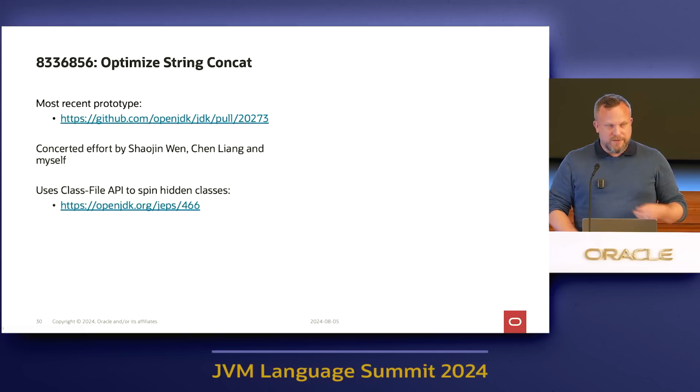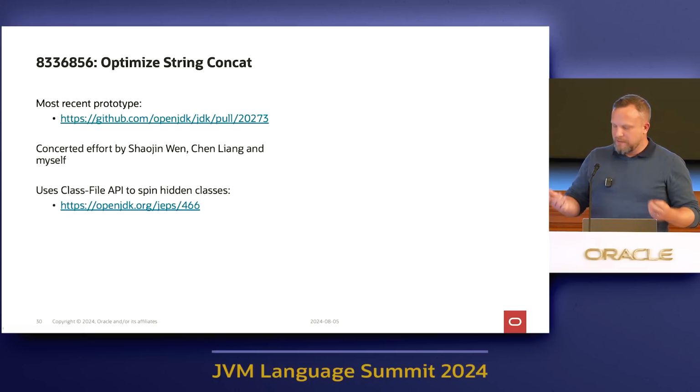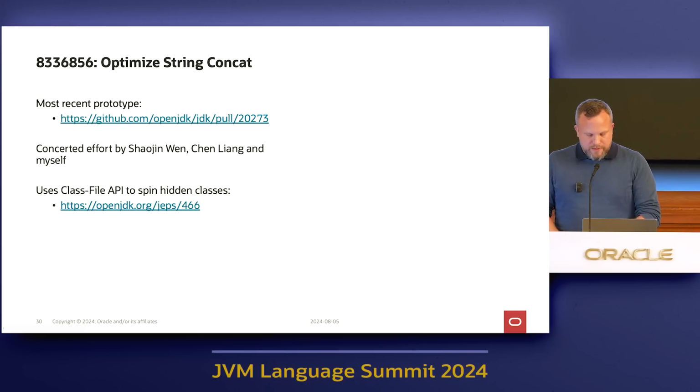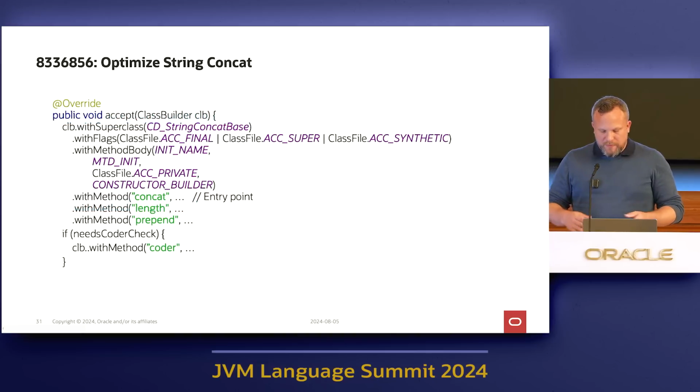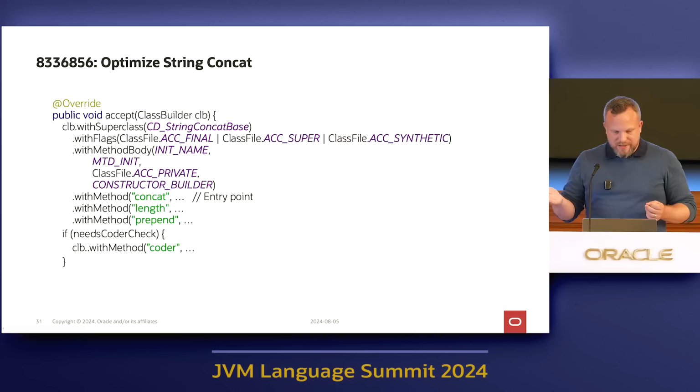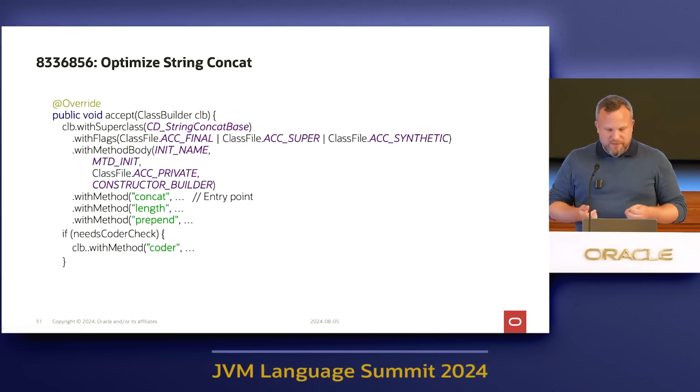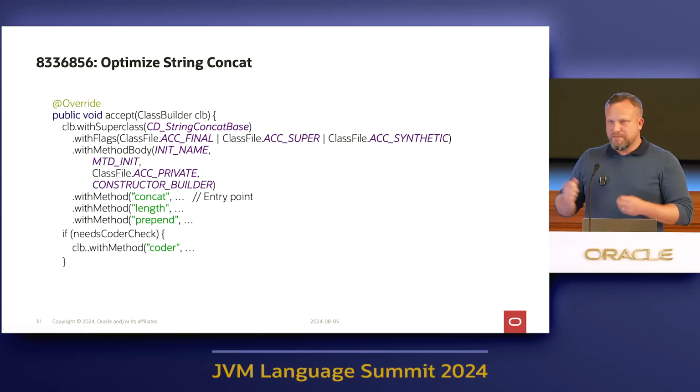Use the class file API to spin hidden classes and put them in the cache. So there's the example tidbit of how to use the class file API: you just define some concatenation.